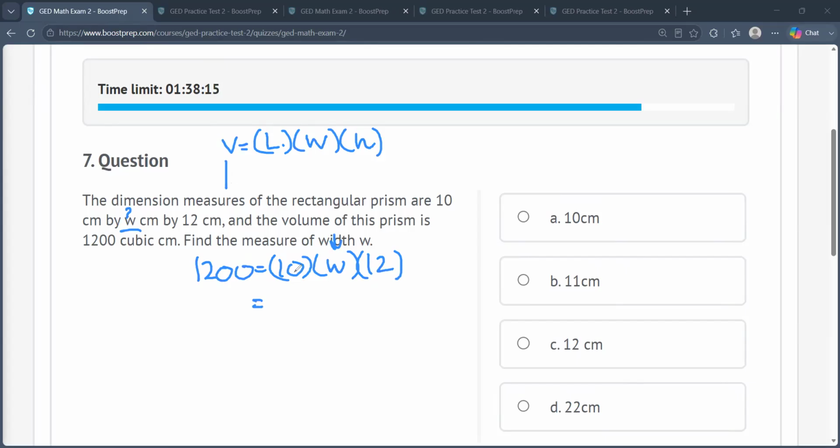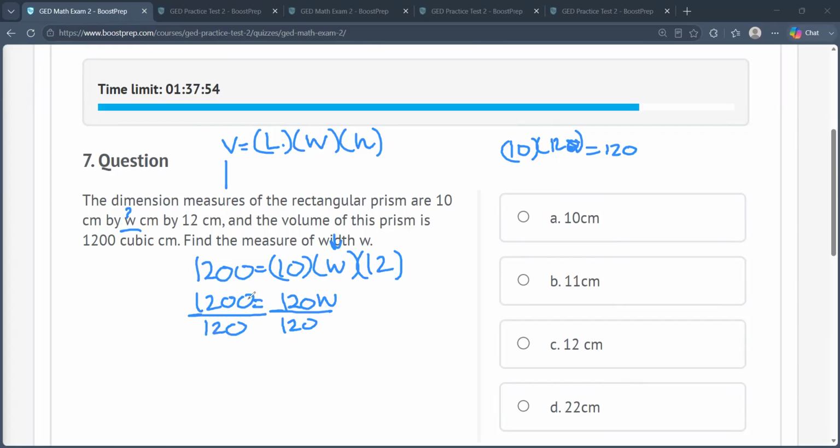So first what I'll do is multiply 10 by 12, which is easy. What's 10 times 12? It is 120, right? So you have 120 W, and then you have 1200 here. And then you're going to solve for W by dividing both sides by 120.